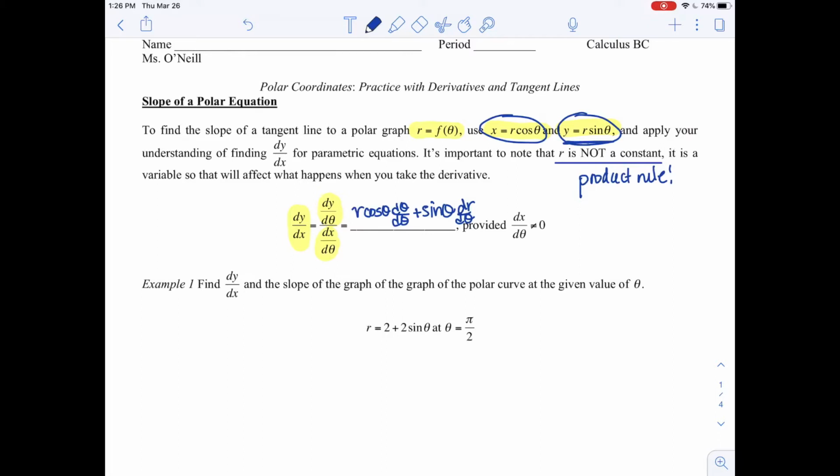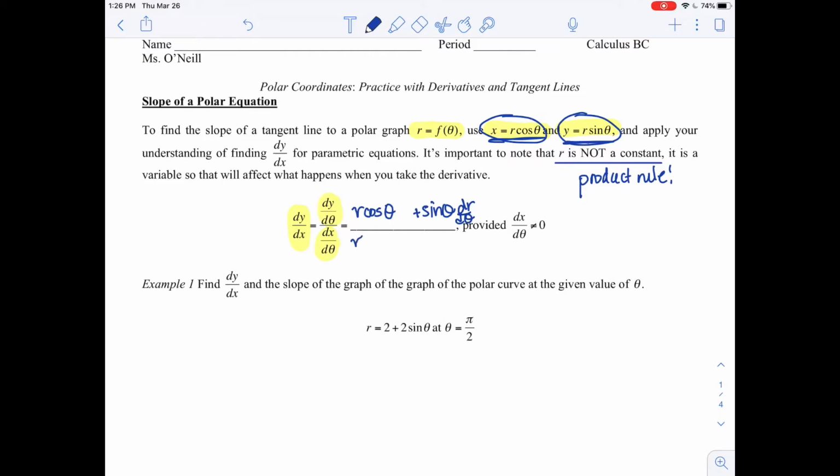Notice that I'm doing this kind of like implicit differentiation, where I'm following up each variable with d of the variable I took the derivative of divided by d theta. Obviously, the d theta can go away. You don't really have to keep that. And that would be the top part of my derivative expression, r cosine theta plus sine theta dr d theta.